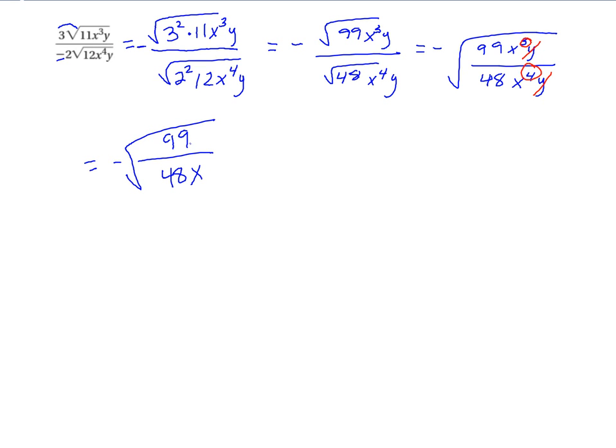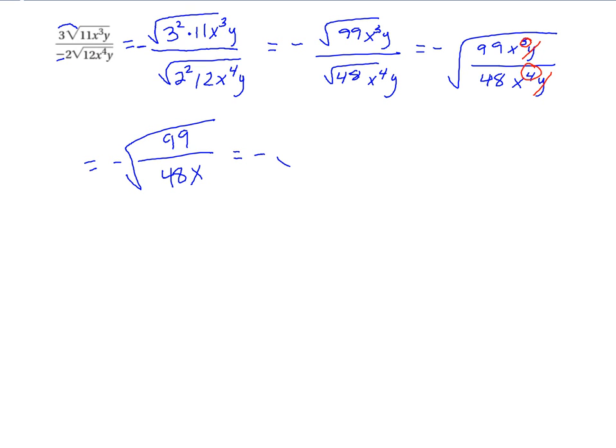Let's see, does 99 simplify to anything? 99 over 48. I'm just going to pull out my calculator right here. 99 over 48. Nope. Let me see, does that reduce into anything? 33 over 16, actually. I would not have gotten those numbers, but we get them with the calculator.